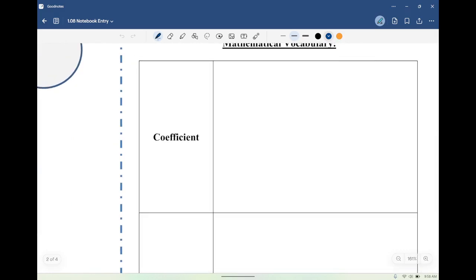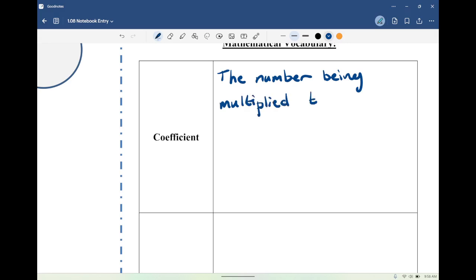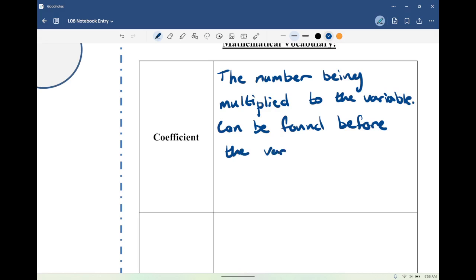When we talk about the coefficient, we are talking about the number being multiplied to the variable. This can be found before the variable.